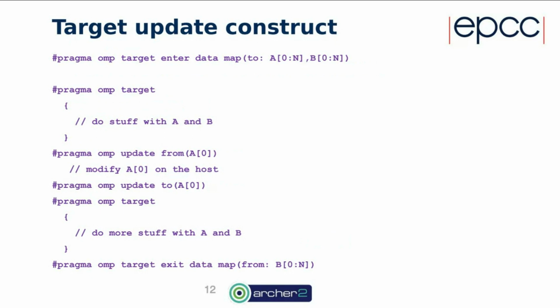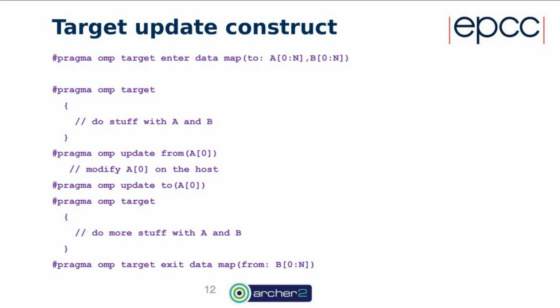And then also, for example, I can do data copies at any point between target regions. So again, suppose I had this data region, and I did the same thing here: map to A and B. Then I have a target region which does something with A and B. Maybe I'm interested in getting one element of A back onto the host, to modify it in some way.